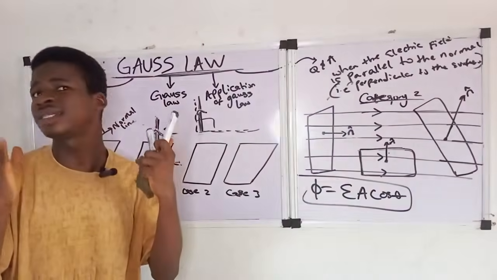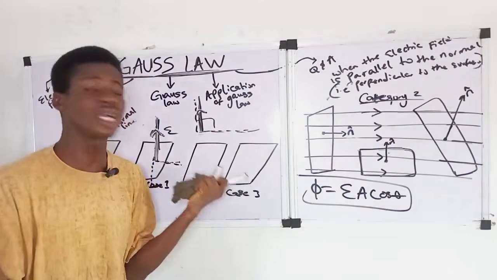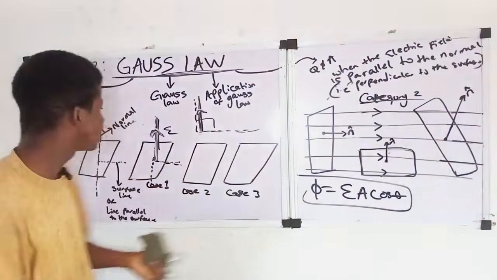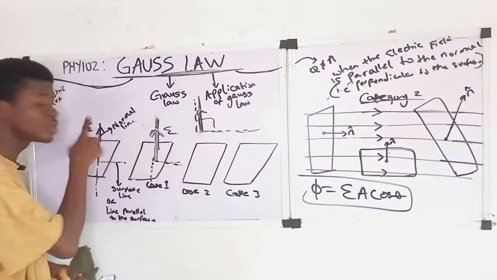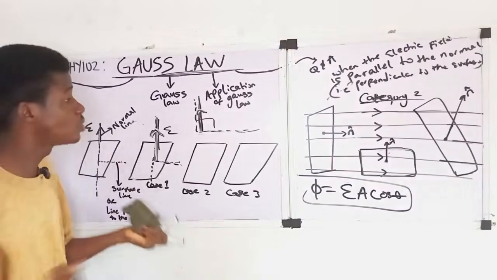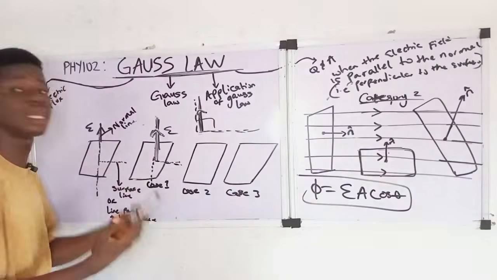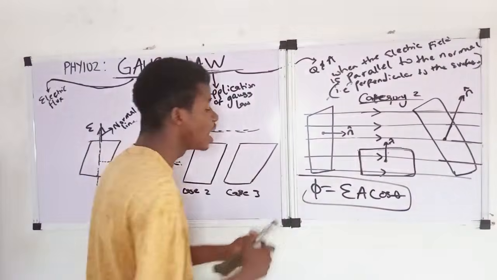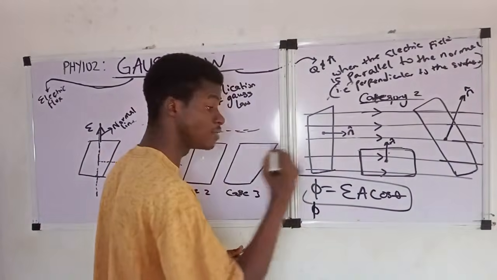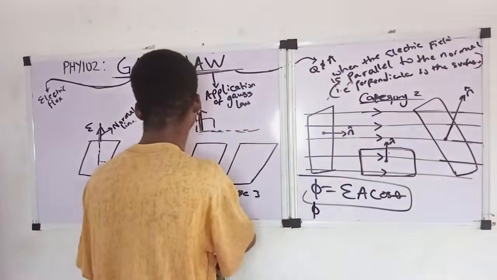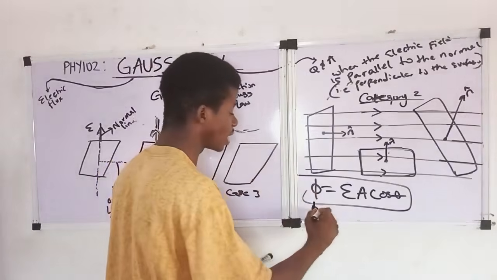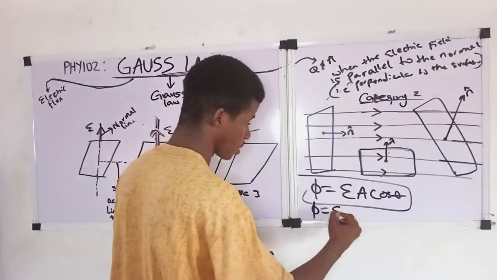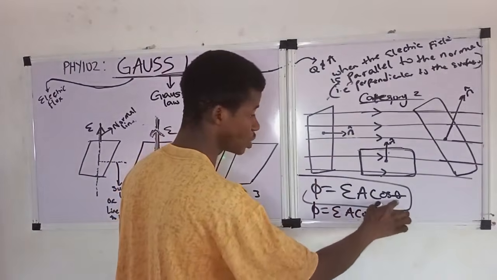No. Since it's parallel to the normal, the angle is zero, right? Yes. The angle between the electric field and the normal line is zero. So under case one, when the electric field is parallel to the normal, the angle between them is zero, right?